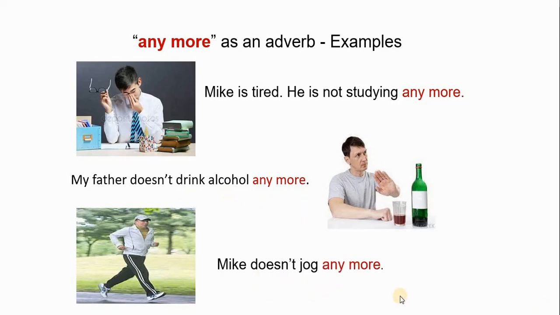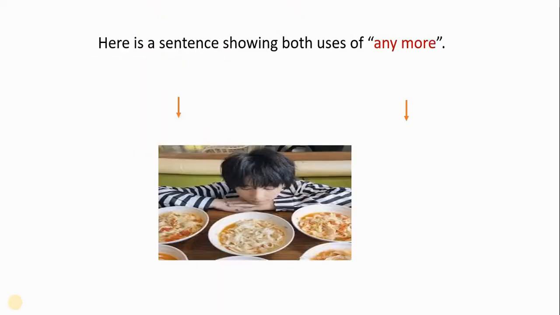Alright? So anymore, the adverb, is modifying the verb jog. So notice, we often use it for when we stop a habit, when we stop a common regular action. Anymore. Very useful.